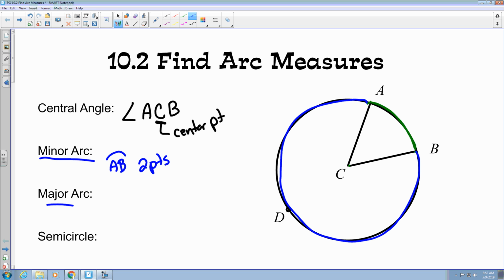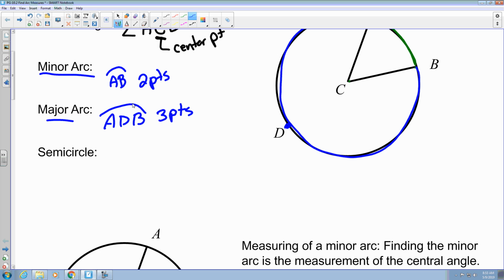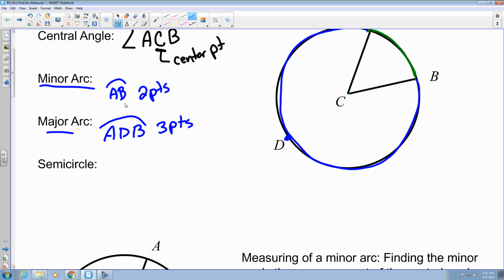For the major arc, you have to have that third point there. So in this particular instance, it's going to be ADB. To talk about a major arc, you need 3 points. So that's the difference when you're talking about naming the two different arcs.